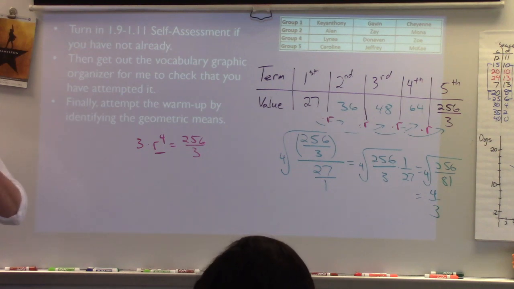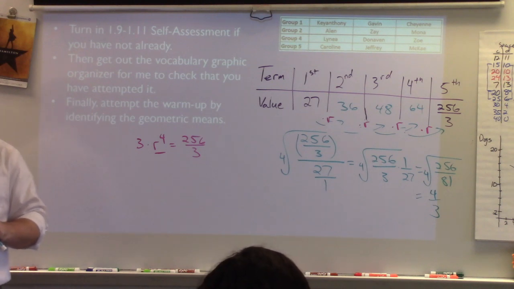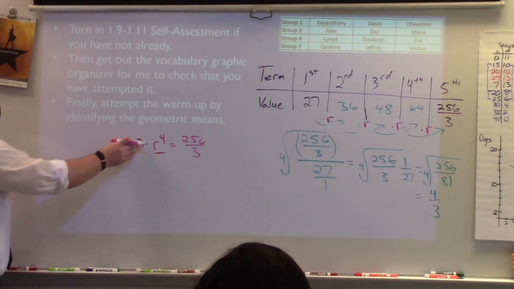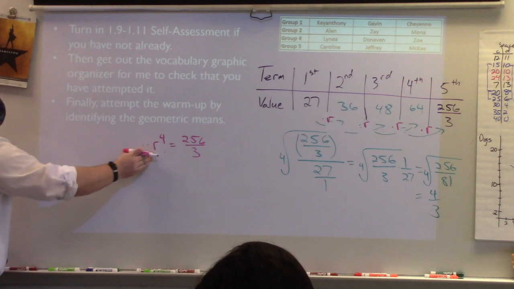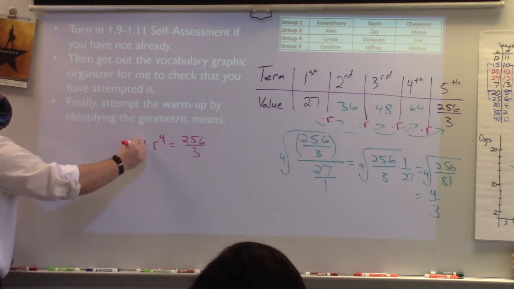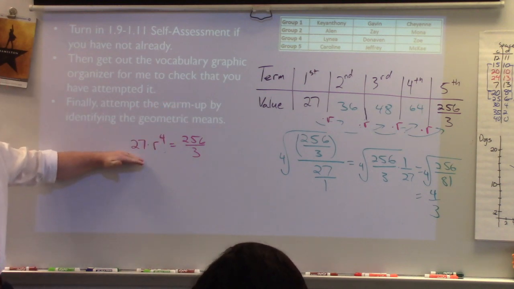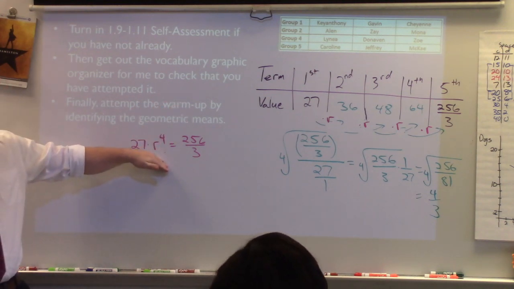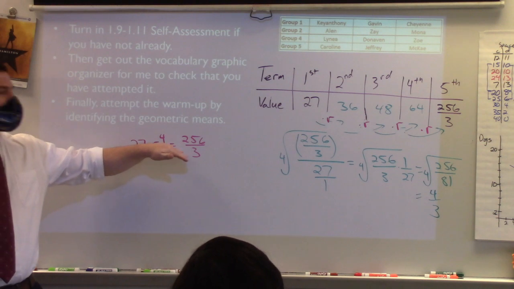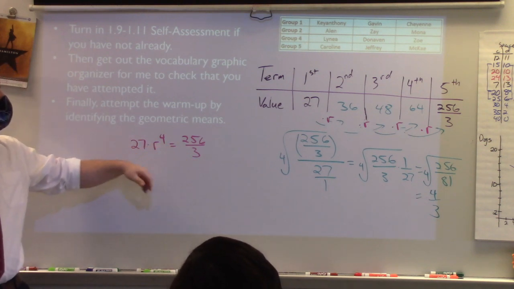But what did you start with? What did you multiply by r to the 4th? You didn't start with 3. You started with 27, didn't you? Notice I'm starting at 27, then I'm repeatedly multiplying by r 4 times, and at the end of all that it's 256 divided by 3.